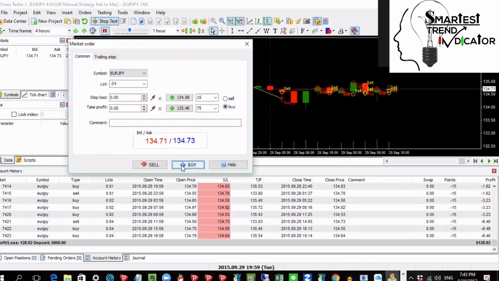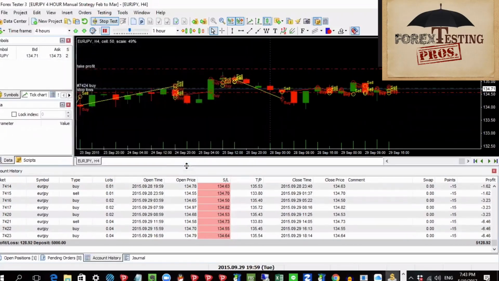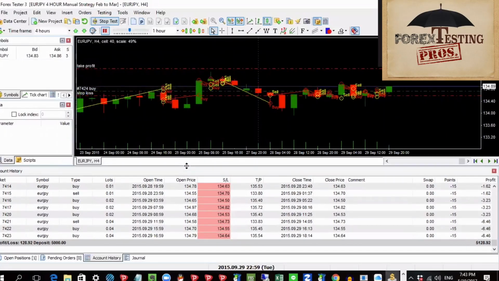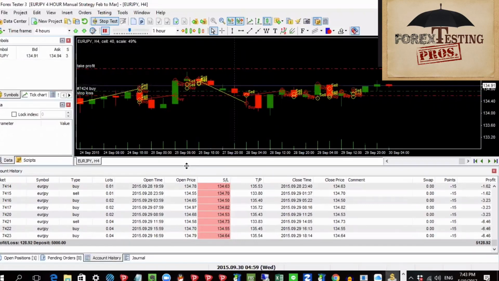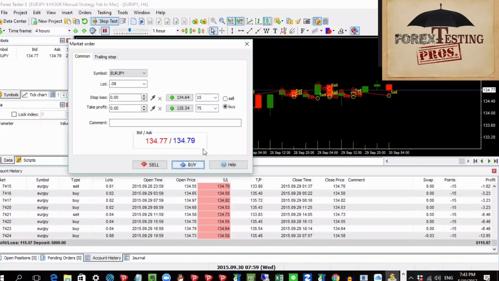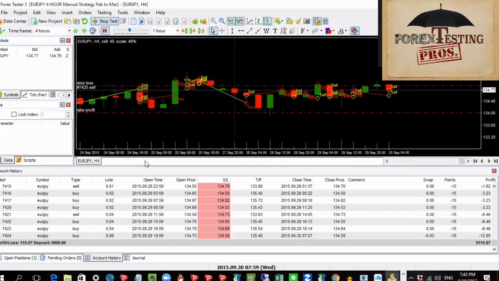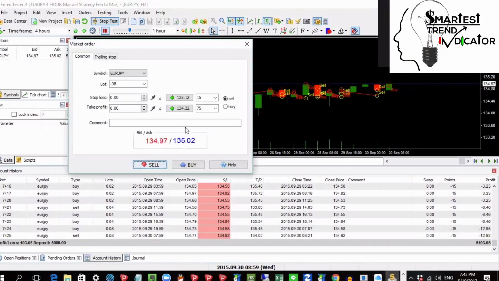I don't like these little candles like this. I gotta go cleanse her up. 1, 2, 3, 4. For sale. Okay, that one went over at the first one, so I'm gonna go for 5 now.